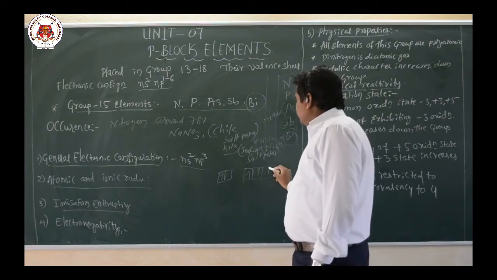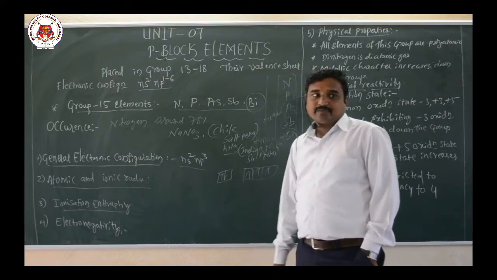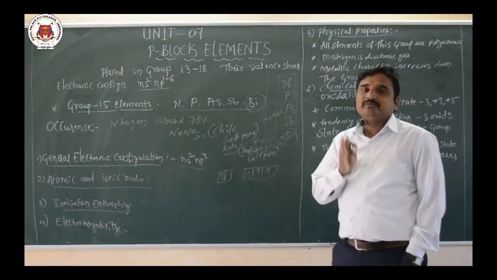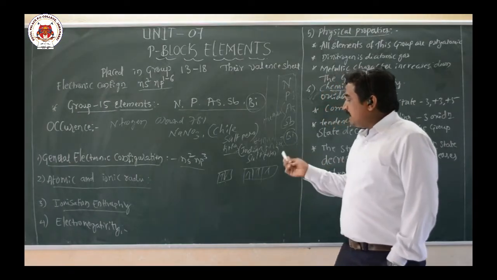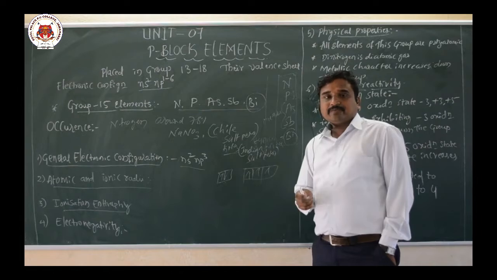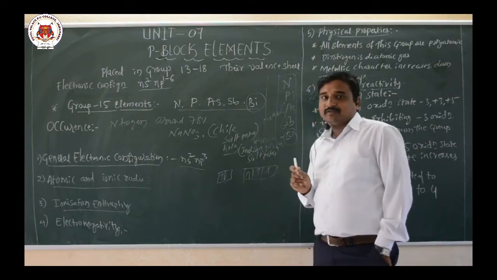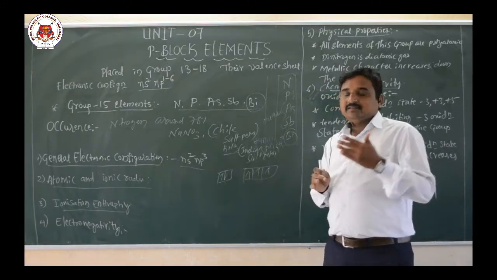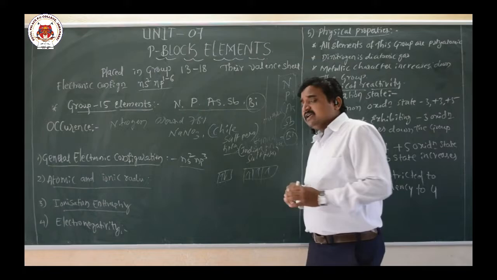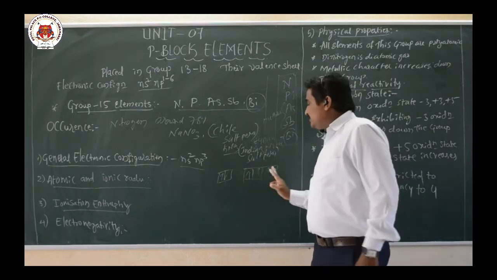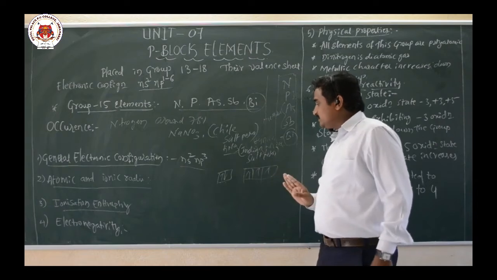So here that indicates the s orbital is completely filled, because a single s orbital occupies a maximum of 2 electrons. And in the p orbitals, exactly half-filled orbitals are there. Completely filled would mean 6 electrons, but here it is exactly half filled because of the presence of 3 electrons in the p orbitals.